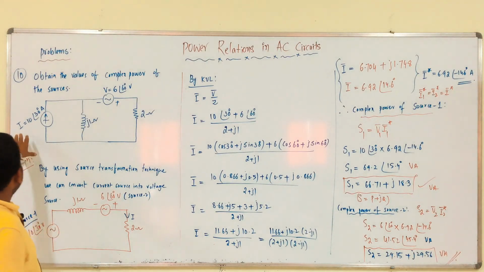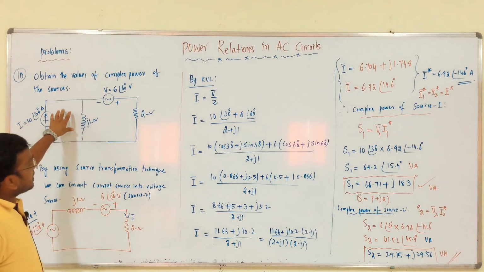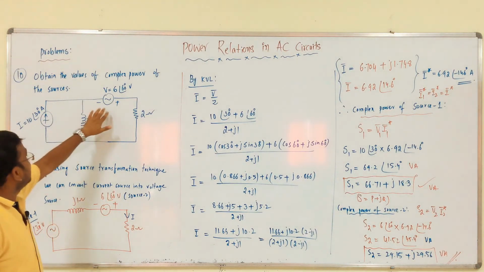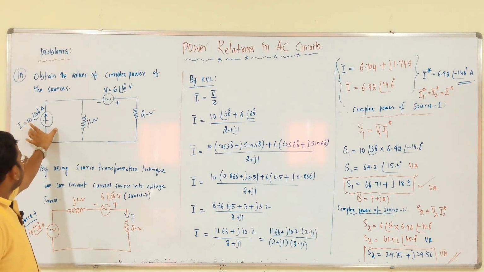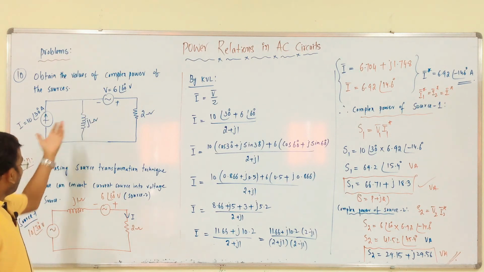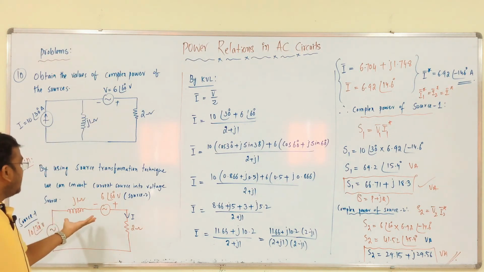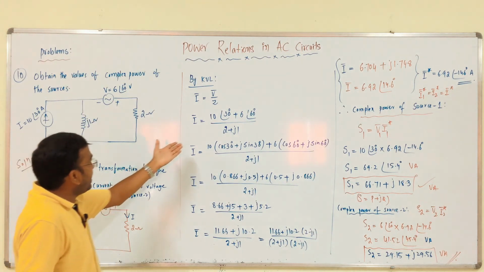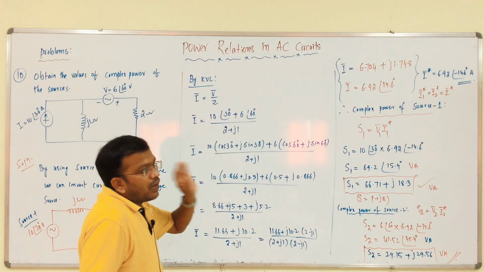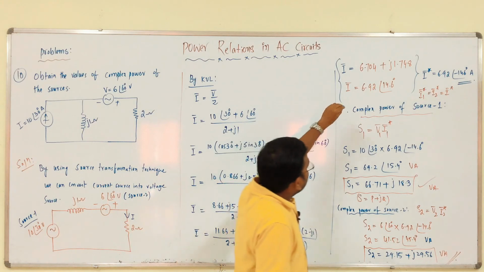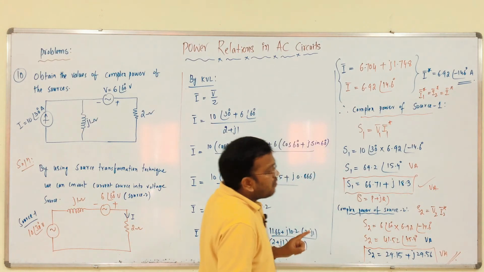See, this is the given problem. From this we can calculate the complex powers of this source and this source. By using the source transformation technique we can convert this current source into a voltage source. Therefore, the circuit becomes like this, all connected in series. From this circuit we can calculate the value of current. The current is 6.92 at an angle 14.6. To calculate the complex power, what is the formula?